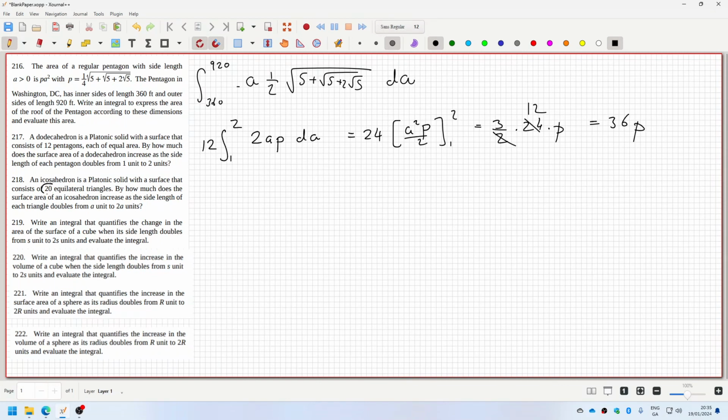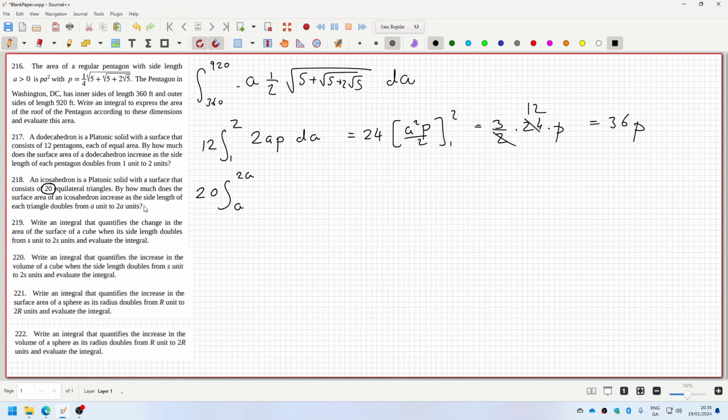It's 20 equilateral triangles. By how much does the surface area increase as the side length of each triangle doubles? Okay, so it's 20 times the integral from A to 2A.